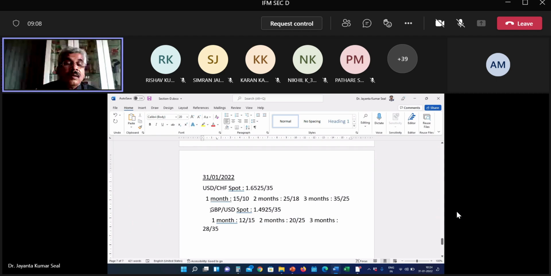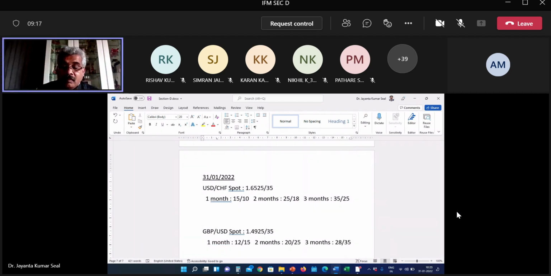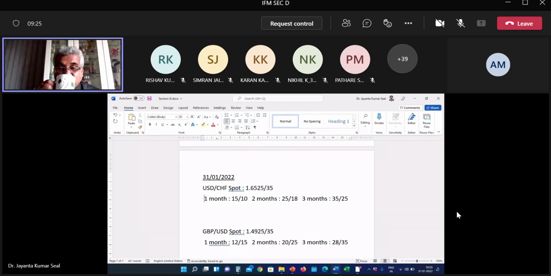This one I'll do later. You are given this spot quote, and this is spot rate and swap quote. What are these swap quotes for?